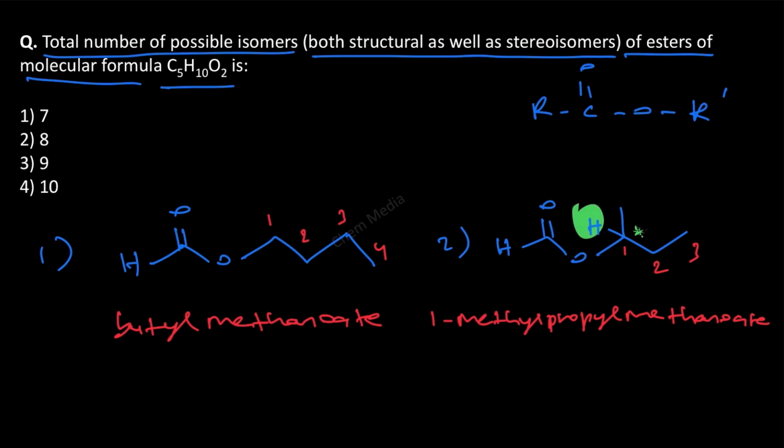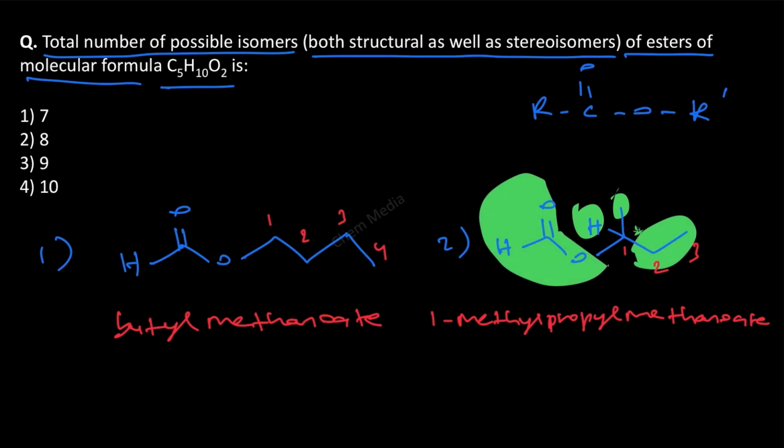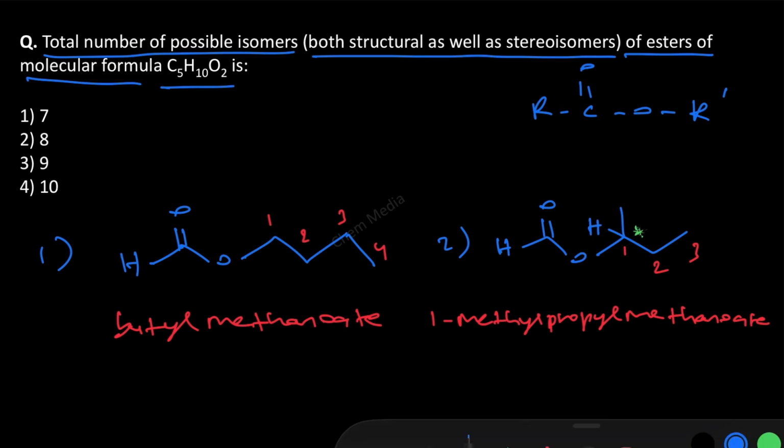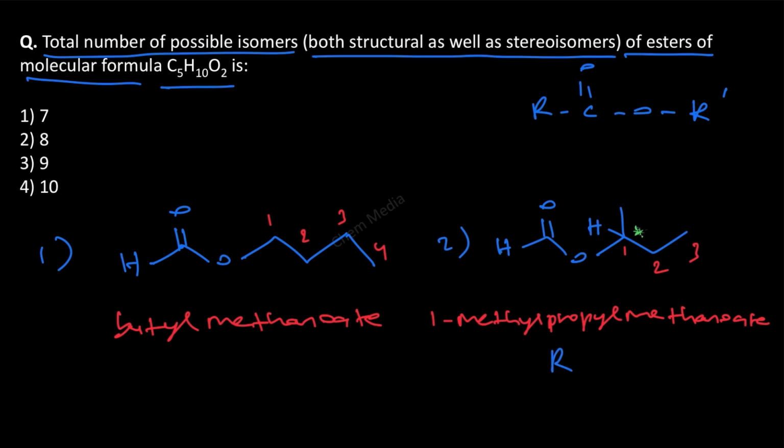So hidden hydrogen, methyl group and then ethyl group, and then this entire unit can be considered as one unit. So therefore that carbon atom there is chiral, which means enantiomers are possible. Therefore we have to consider both R and S configurations, which means we have to consider this as two isomers, not one isomer, isn't it?